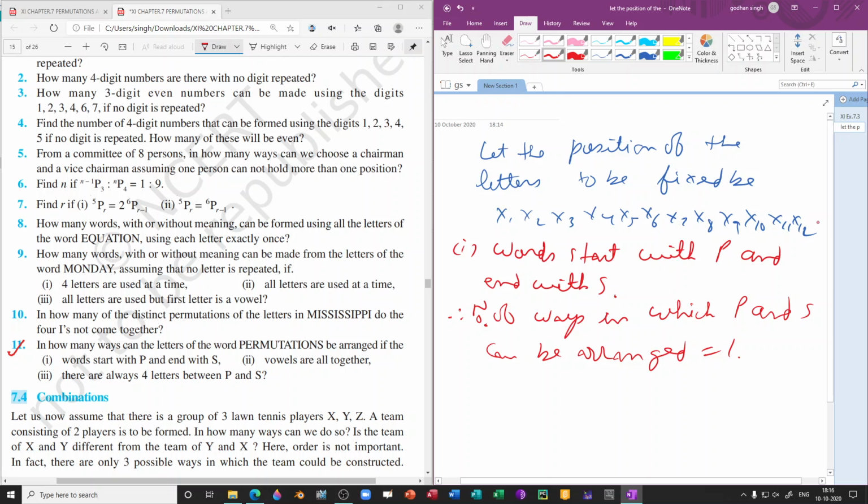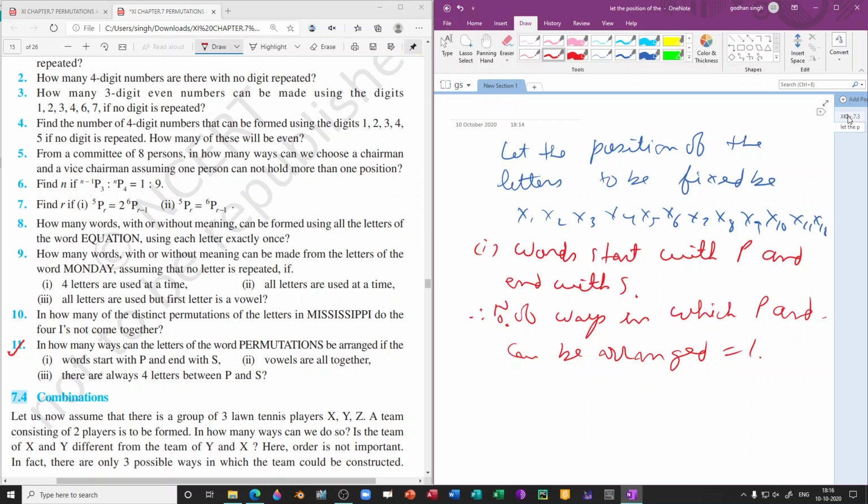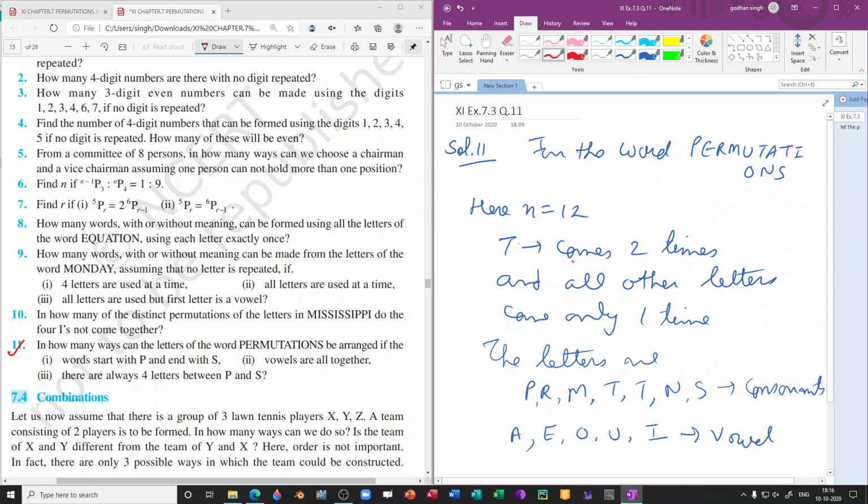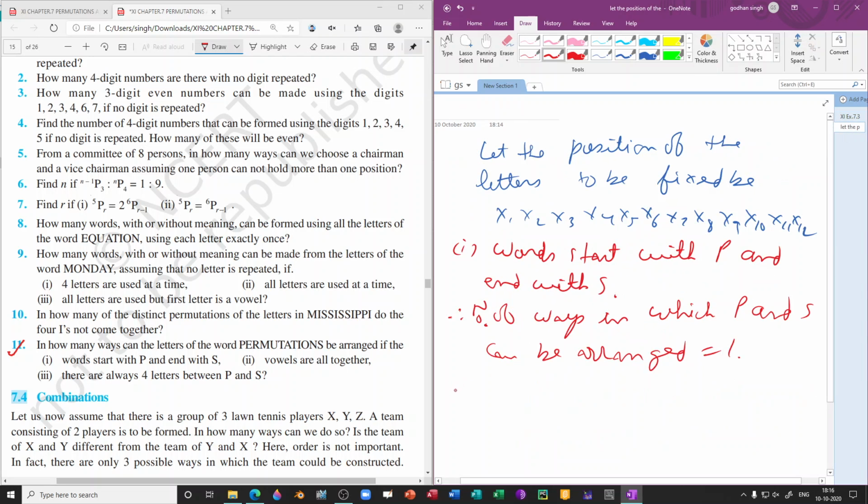And now remaining, how many letters we are having? 12, and that we have to arrange between x2 and x11. So that means we have to fill up 10 places, and we have seen also, out of these two letters, that is T is coming 2 times. So we'll take that also under consideration. So we write the answer of first part.